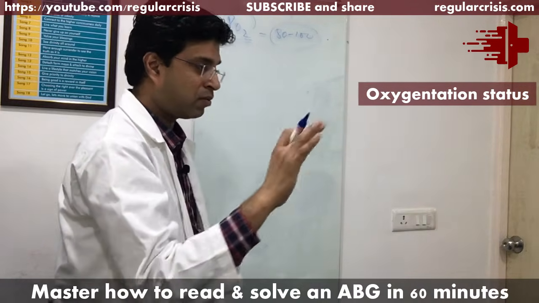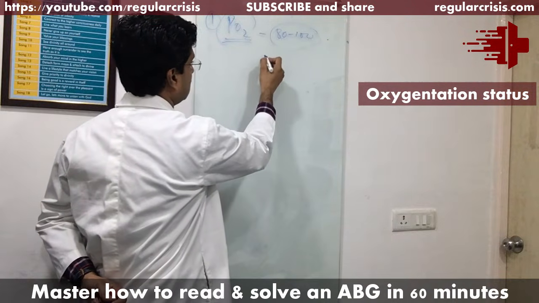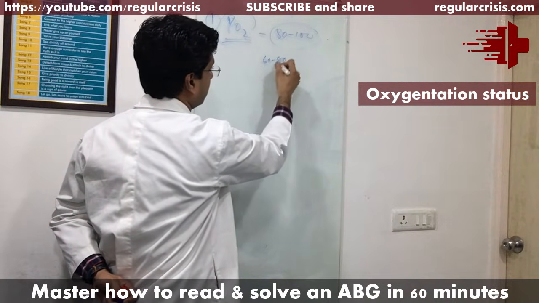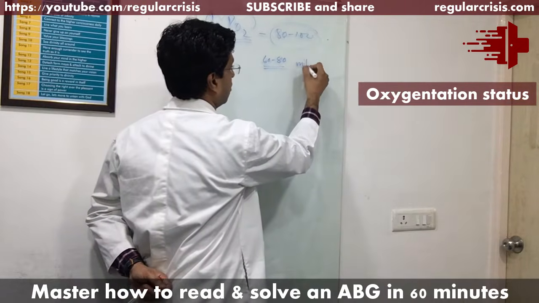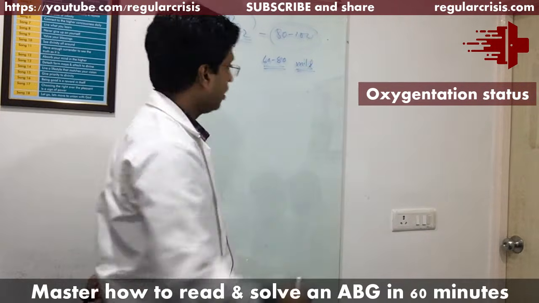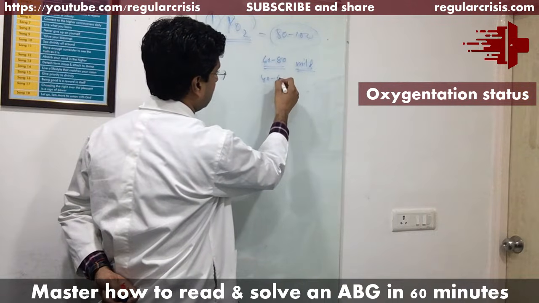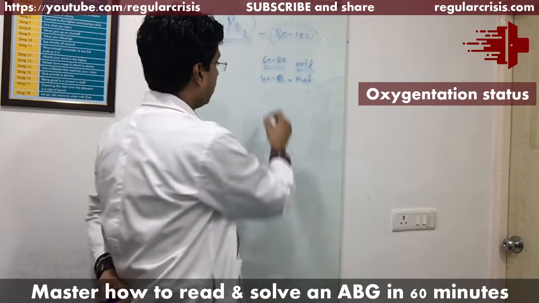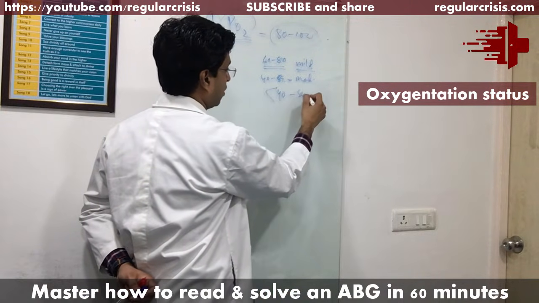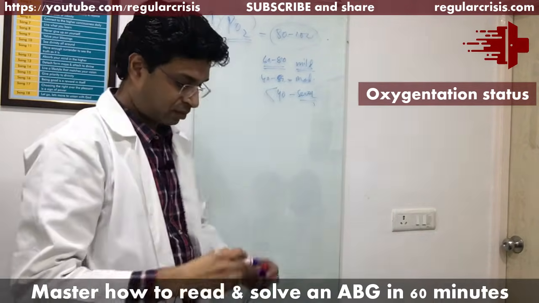Oxemia means oxygen in blood. If it is between 60 and 80, it is mild hypoxemia. If it is 40 to 60, it is moderate hypoxemia, and if it is less than 40, it is severe hypoxemia.